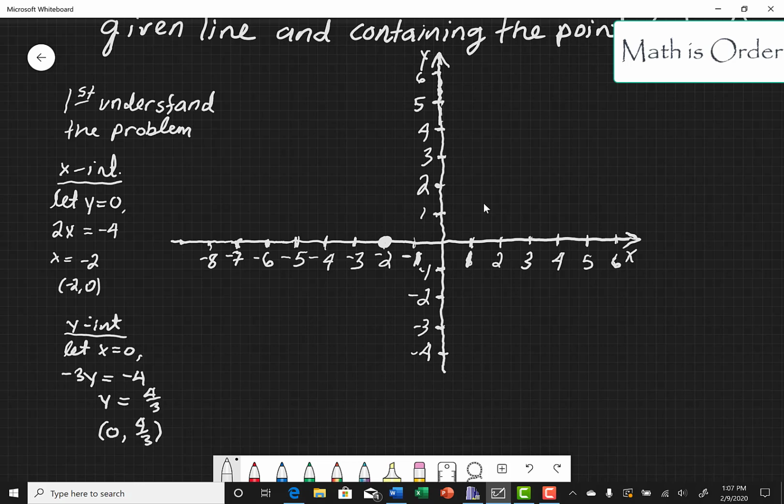To plot that, of course, we can't get exactly correct based on our graph here. It's a little bit off. The lines in the scale here are not really that straight, but let's approximate it the best we can. So that's 4/3, a little bit over 1. So let's say it's about right there. And just for added clarity, let's put the ordered pair next to it.